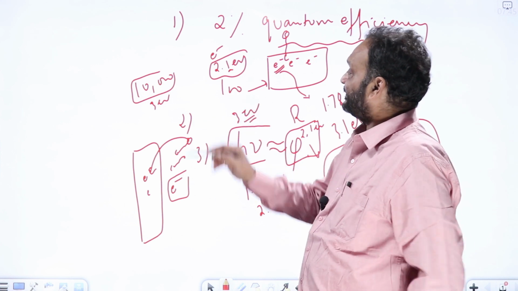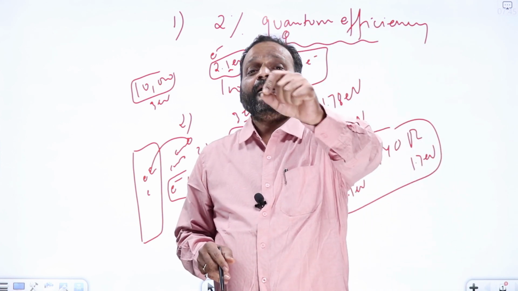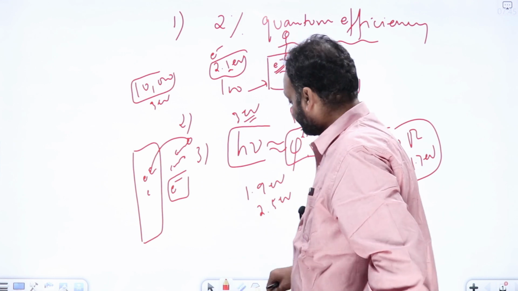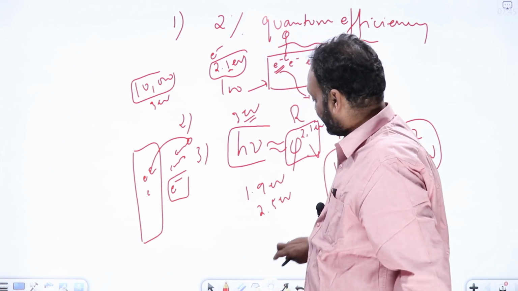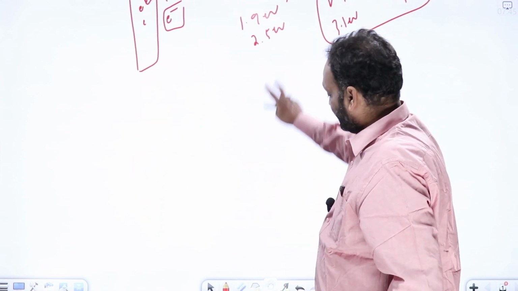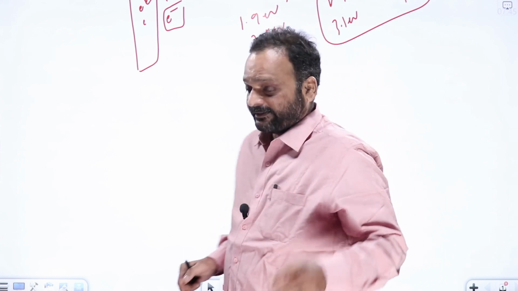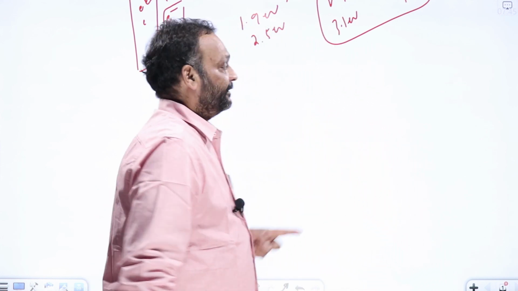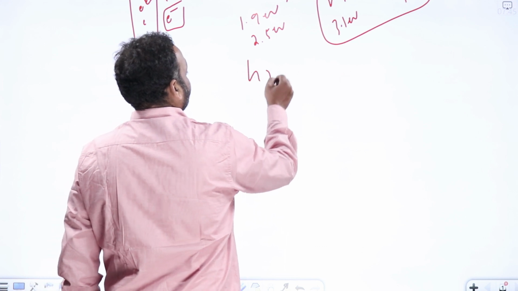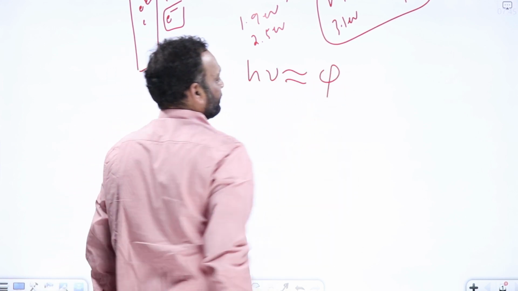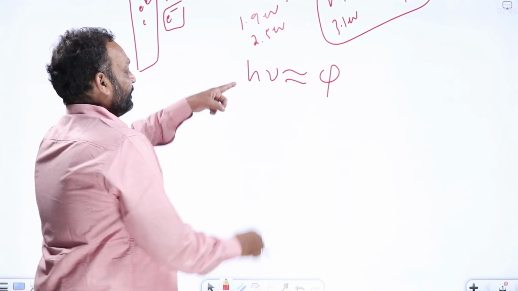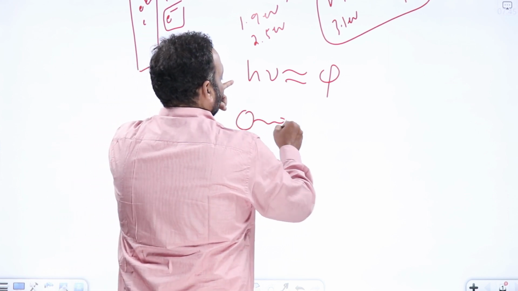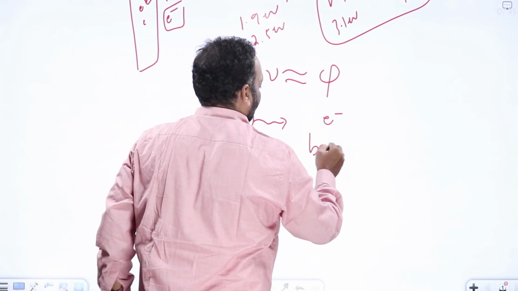Why? Because a bound electron can absorb all the energy of the incident photon. Remember, these are the points which come in MSc entrances. Okay, right? In the photoelectric effect, the electron is considered as a bound electron. Why? The energy of the incident photon, h nu, is almost of the order of the work function. Okay, so the incident photon feels that the electron is a bound electron.